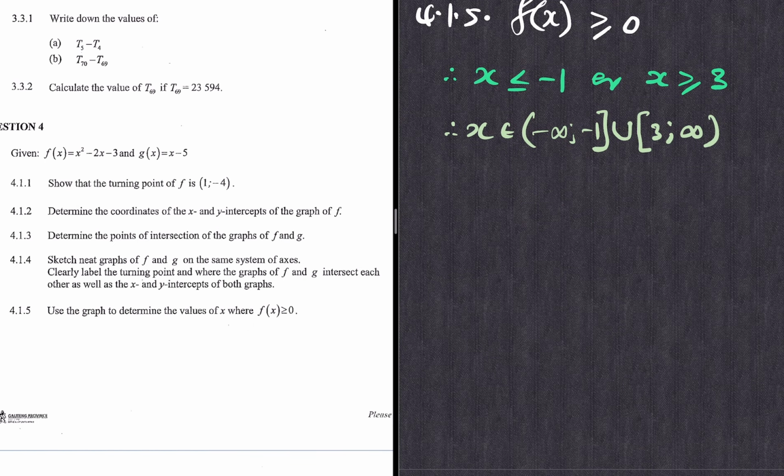Now, because they are saying you need to end at 4.1.5, I'm just going to add an extra question here, like 4.1.6. Use the graph to determine for which values of x f of x will be less than 0. We're just constructing it.